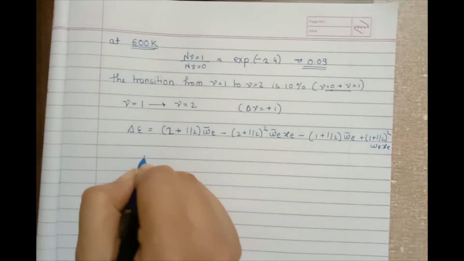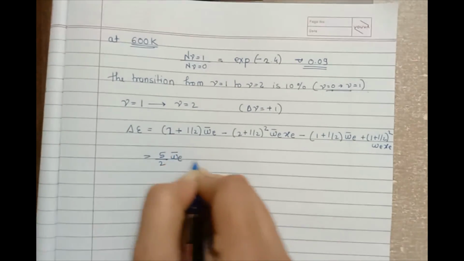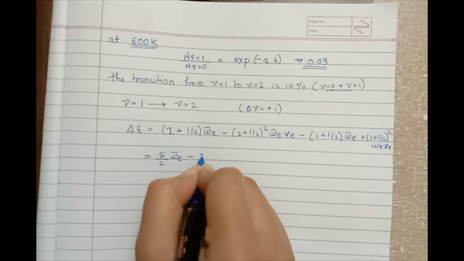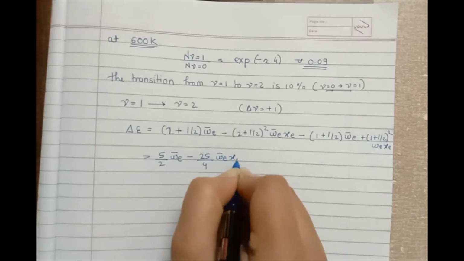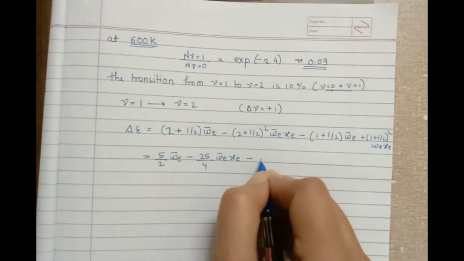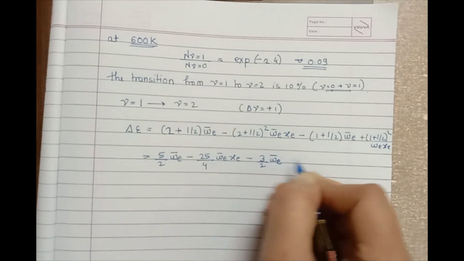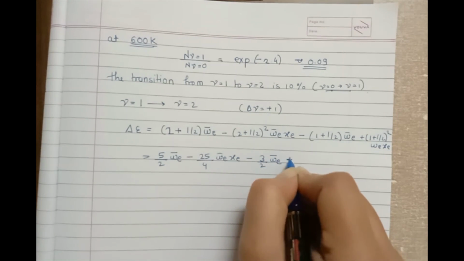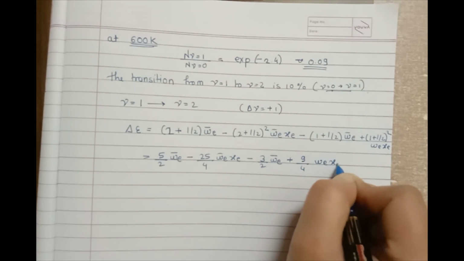Now solving this, it becomes 5 by 2 omega E minus 25 by 4 omega E xe minus 3 by 2 omega E plus 9 by 4 omega E xe.